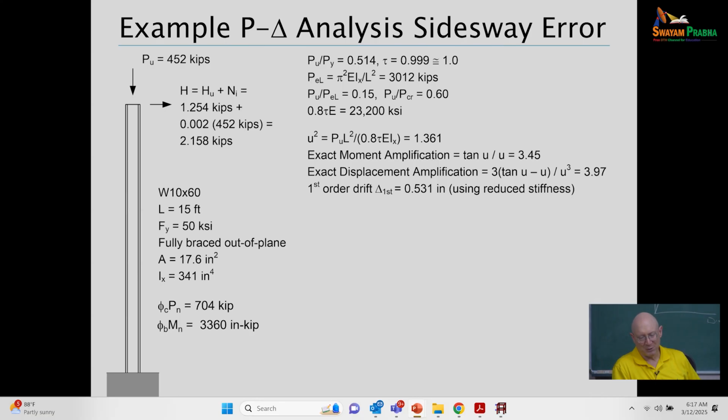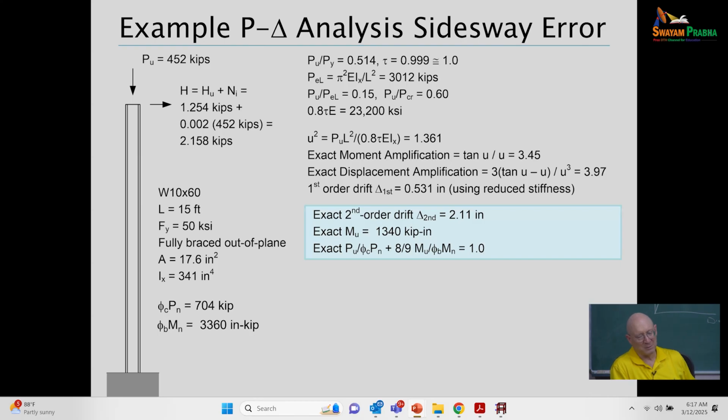Our first order drift, given the loads here, would be 0.531 inches. Again, that's based on the reduced stiffness. And so if we apply those amplification factors, the exact second order drift is 2.11 inches. The exact moment at the base is 1,340.